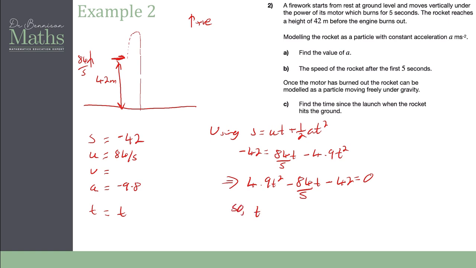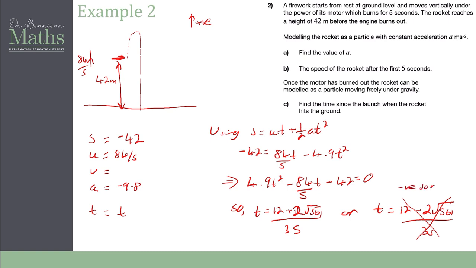So T is equal to either 12 plus 2√561 over 35, or T is equal to 12 minus 2√561 over 35. Well, this one is negative, so not a solution. You can't have negative time.